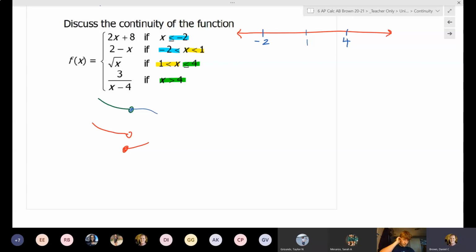For example, this 2x plus 8 is going to exist if x is less than or equal to -2. So anytime I'm to the left of -2, this 2x plus 8 is going to be used. On the other hand, when I am between -2, not including it, and 1, not including it, I'm going to be using the function 2 minus x.